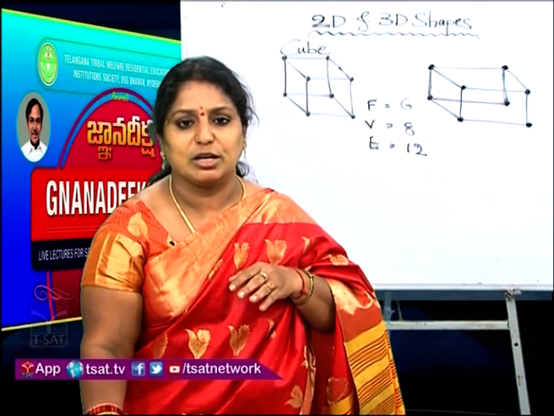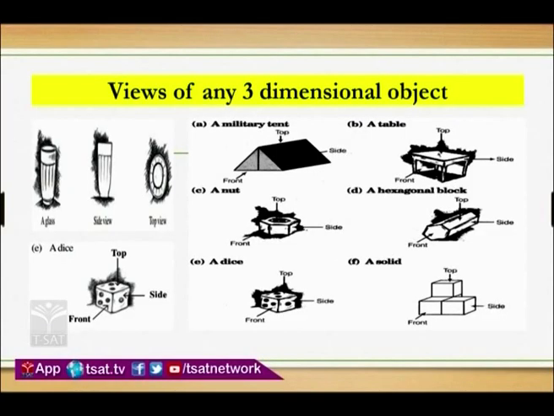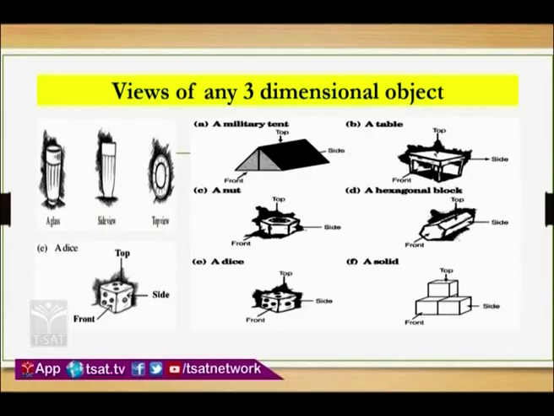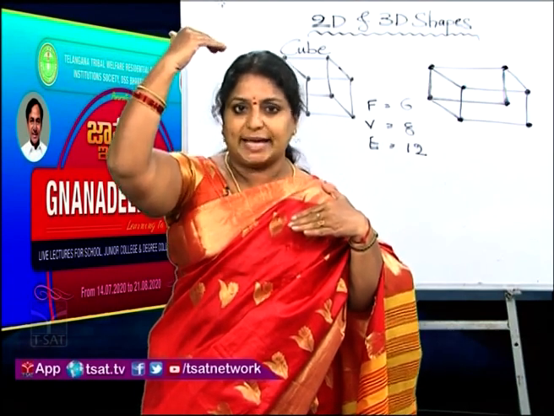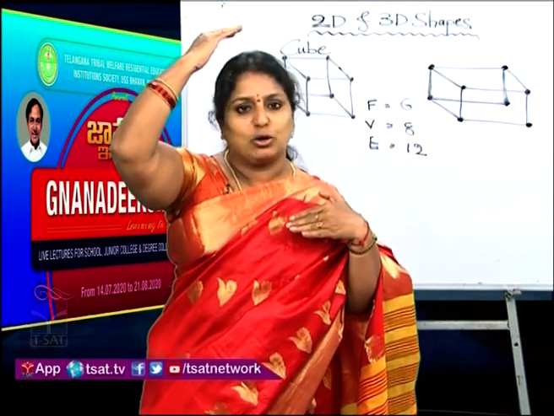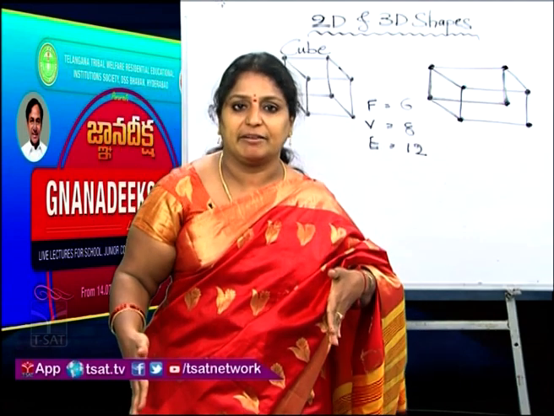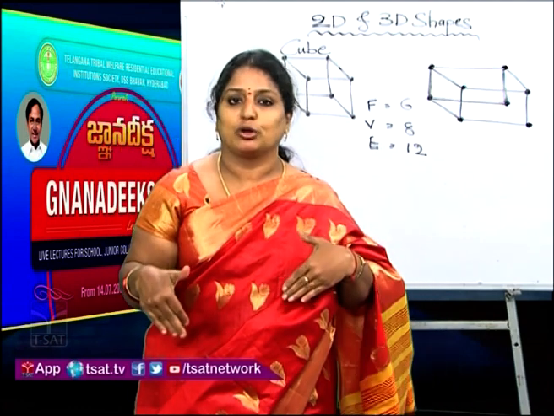Now the last concept is views of any three-dimensional object. Any three-dimensional object you take contains certain views. They are top view, side view, front view. Take our own human body, beta. From the top, if you see, only our head will appear. If you see from the front, our entire photograph will appear.